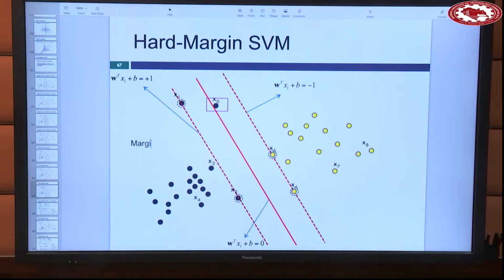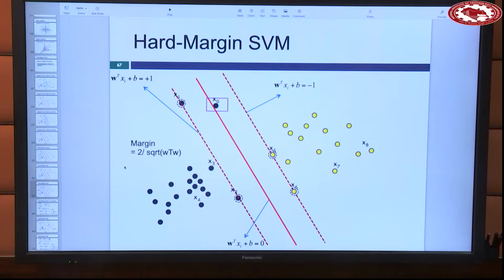This margin is 2 divided by the square root of this W vector transpose W. You know this one, right? You can just compute it. This is very simple math. I am not going to discuss it.